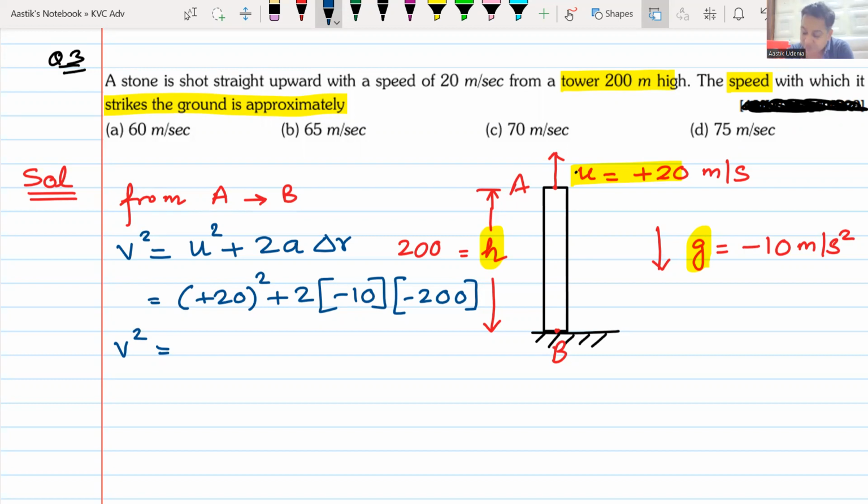Twenty square is 400. 400 plus how much?